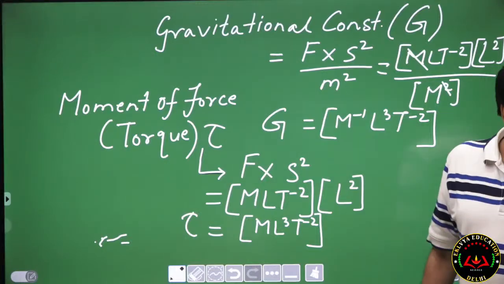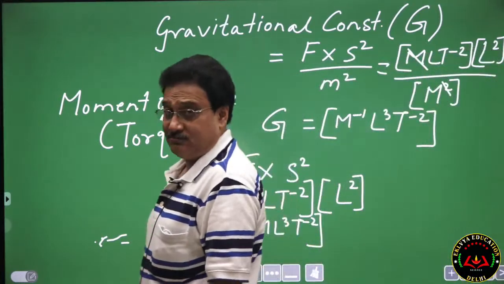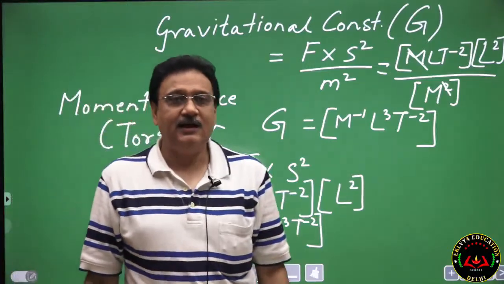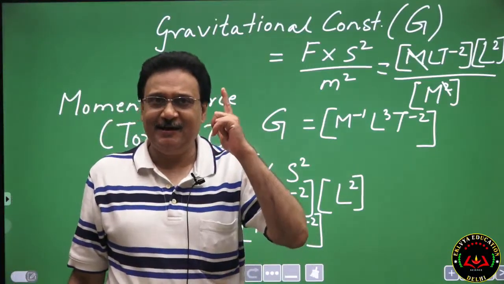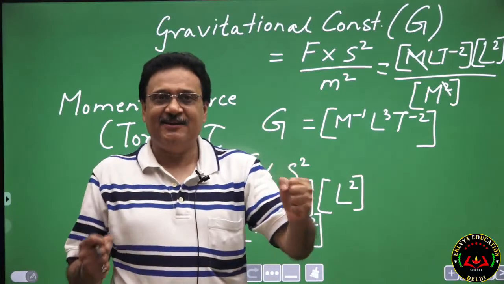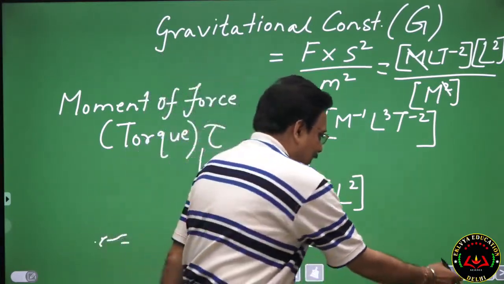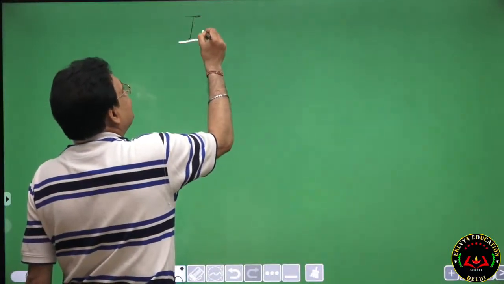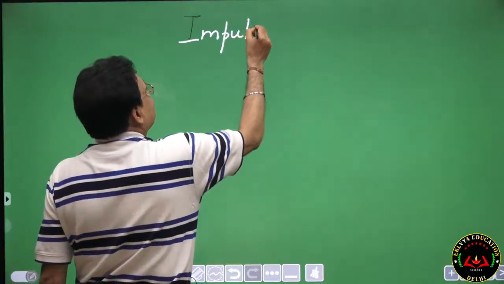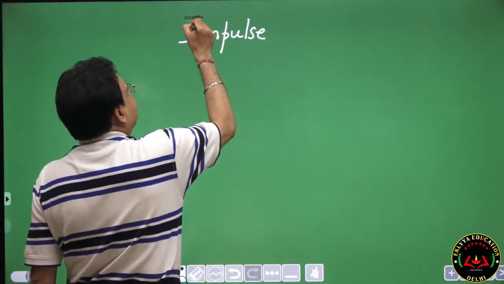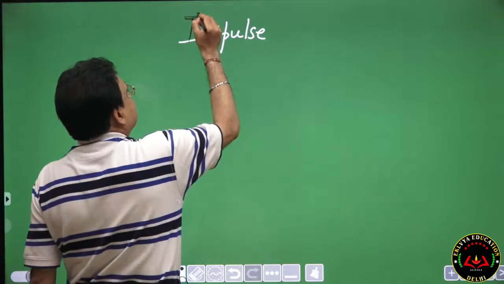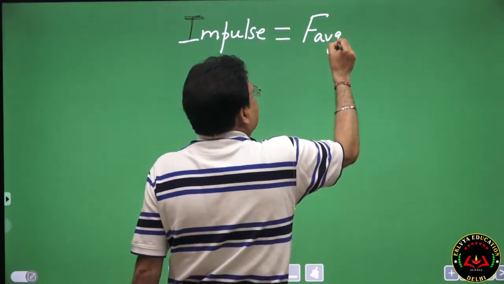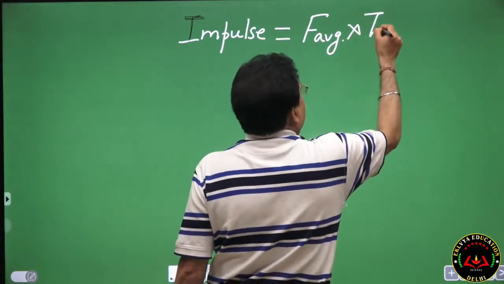नाउ एक और चीज है जो 9th में यू हैव डन, इम्पल्स. यू रिमेंबर इम्पल्स, सडन फोर्स. नाउ अब इम्पल्स का क्या होगा? इम्पल्स इज एक्चुअली उसको कहते हैं एवरेज फोर्स मल्टीप्लाइड बाय टाइम.